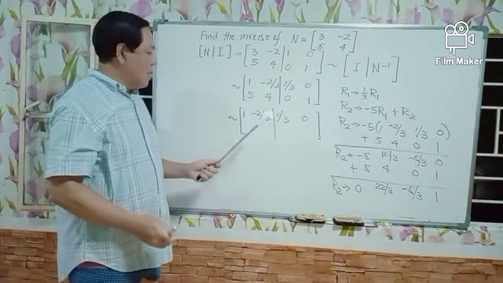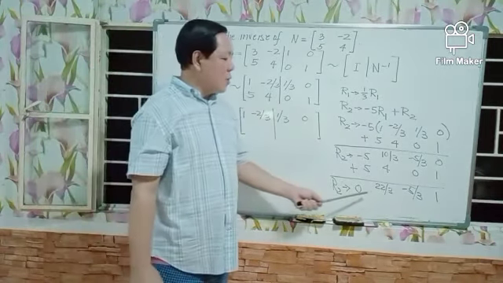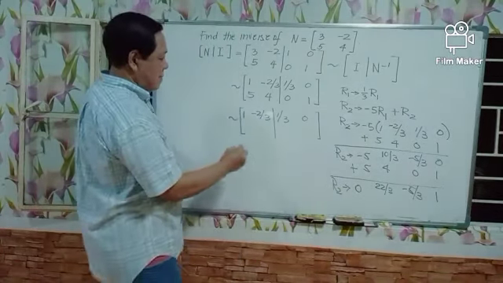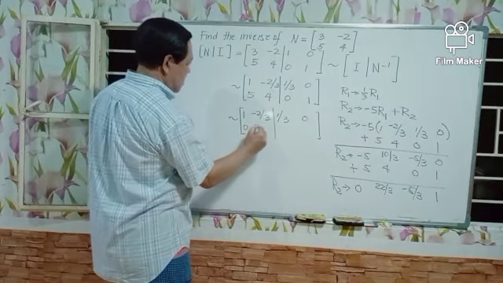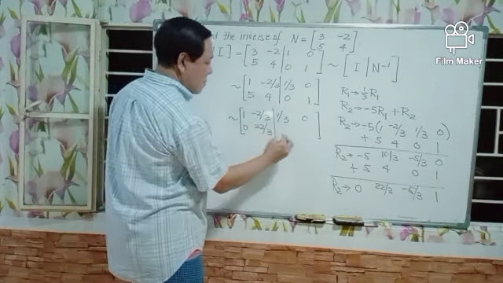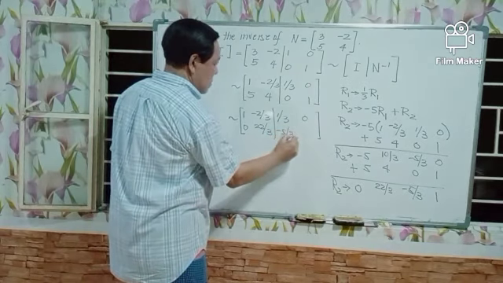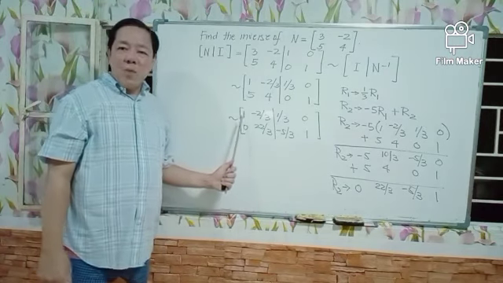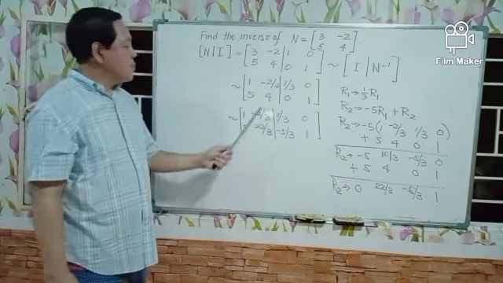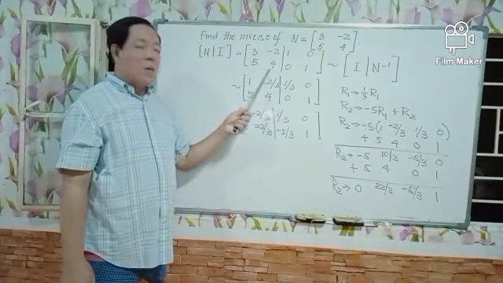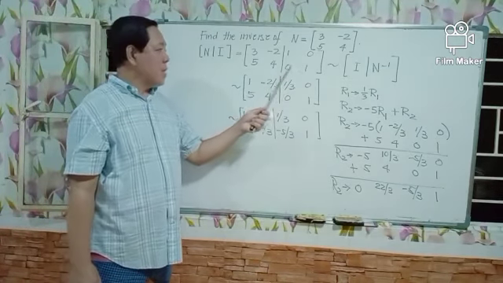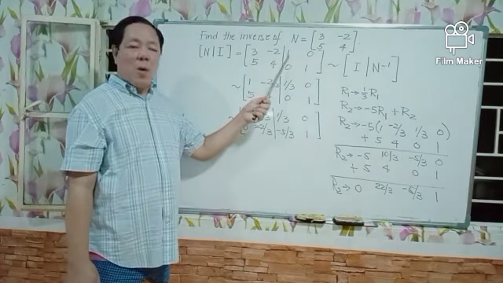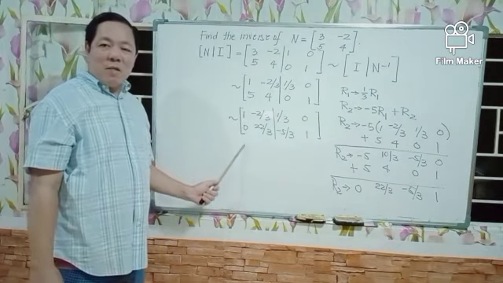And we now write the new entries of row 2: 0, 22/3, negative 5/3, and 1. We are now done with the first column. We are converting this matrix into the identity matrix of size 2 by 2, where the entries in the first column are 1 and 0, and we have 1 and 0 in the first column.